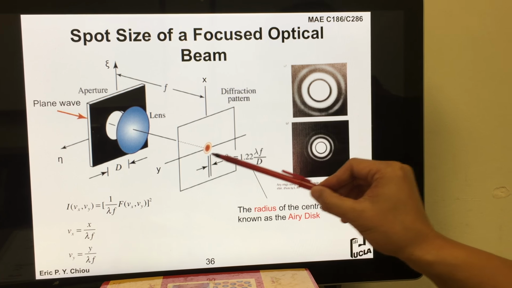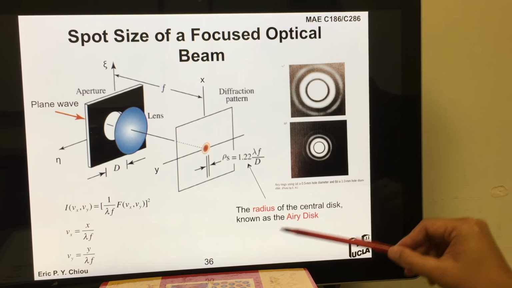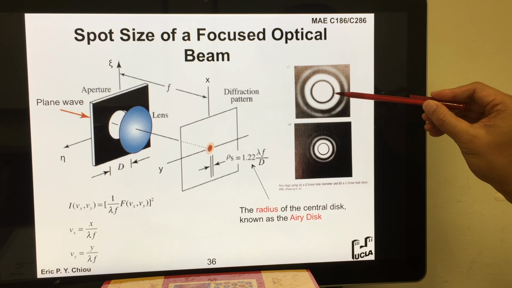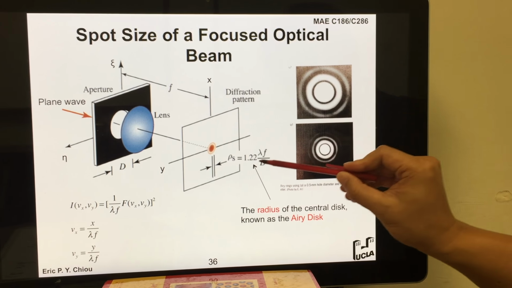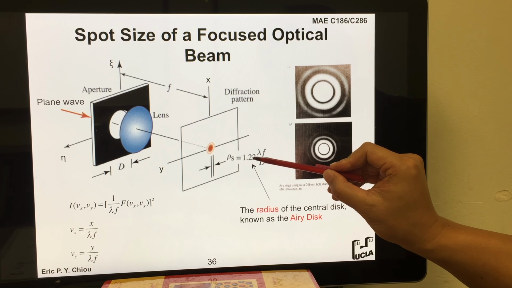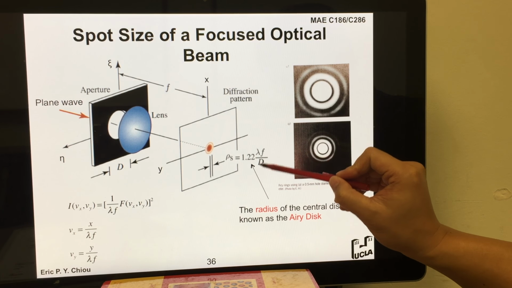So you will have this pattern. They call it the Airy disk. From the center to the first minimum, you will have a length scale equivalent to 1.22 lambda f over d.